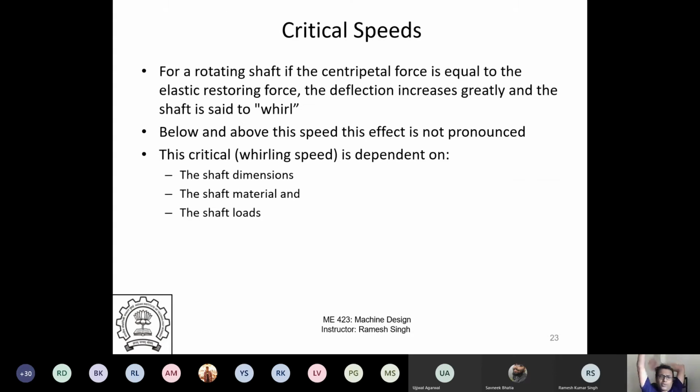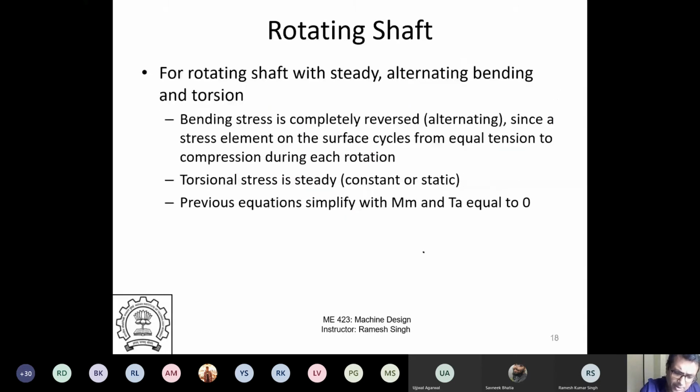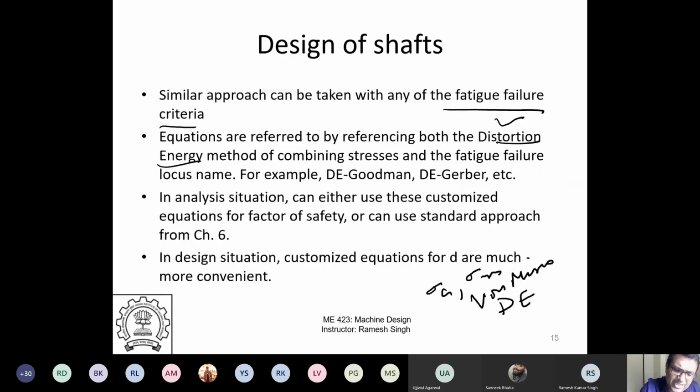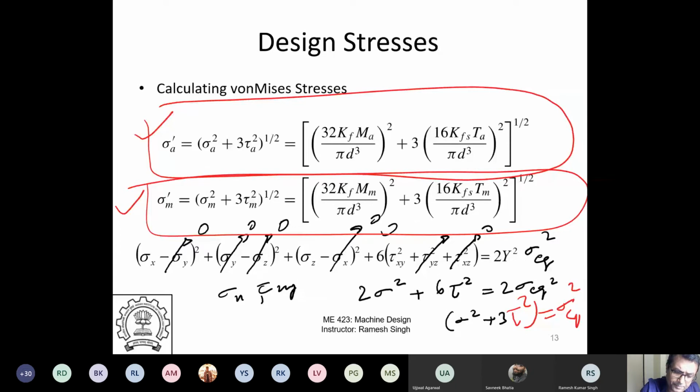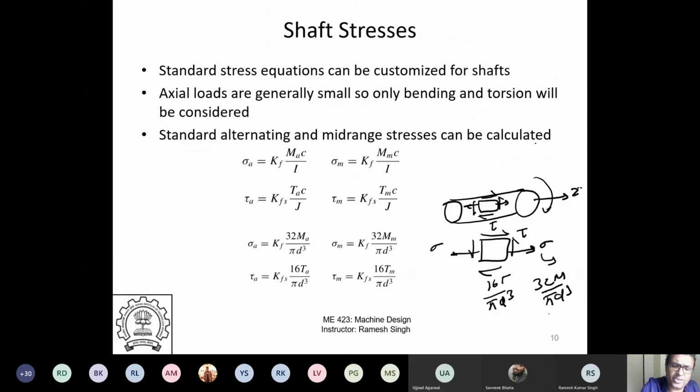How do you determine the critical speed for what conditions? Okay, what are K_f and K_fs? If you remember from fatigue, if there is a stress concentration, then you need a stress concentration correction factor K_f.